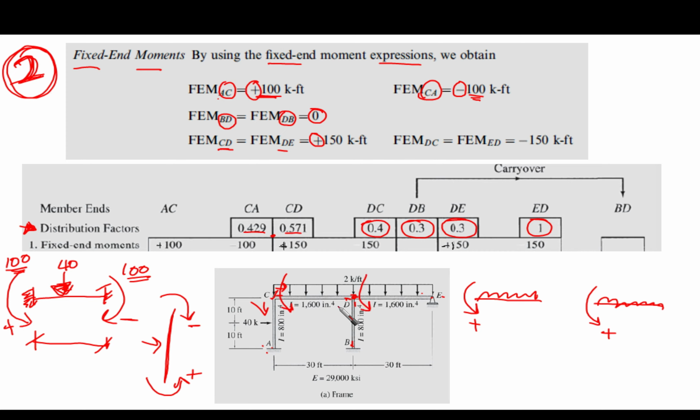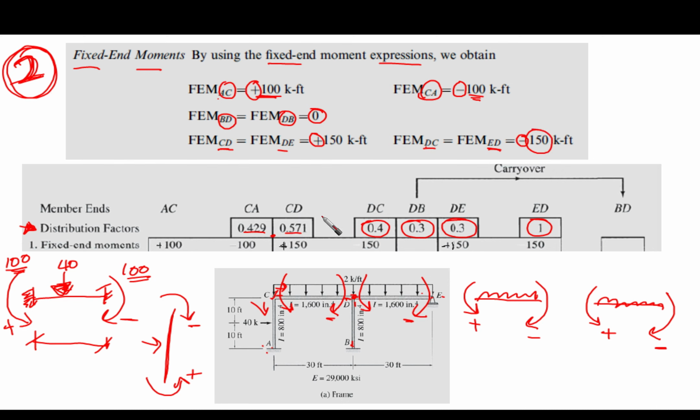Then we have the opposite fixed end moments, which are DC and ED. So it is going to be negative here, and another one which is negative here. So this one is DC, which is going to be negative, and then this, which is ED, is going to be negative also. And they are going to have the same value, which is 150.